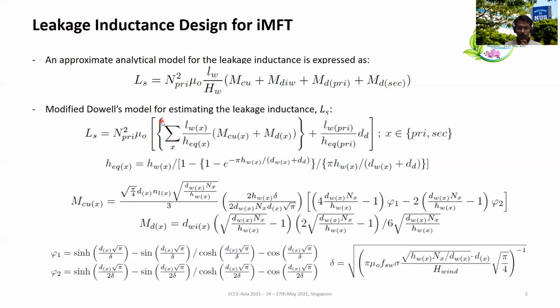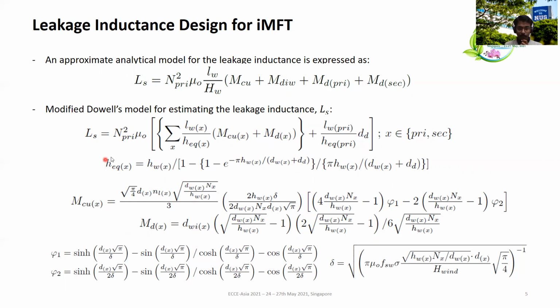Now, a modified Dowell's model can be used for estimating the leakage inductance, that is LS. You can see here MdIW is expressed using this portion, and MCU and MDX are still to be evaluated. MCUX can be evaluated using this elaborate expression, and MDX using these expressions, where X can be primary or secondary, as shown here.